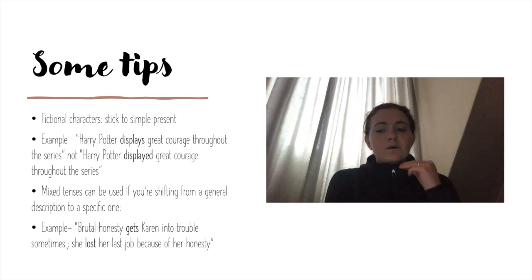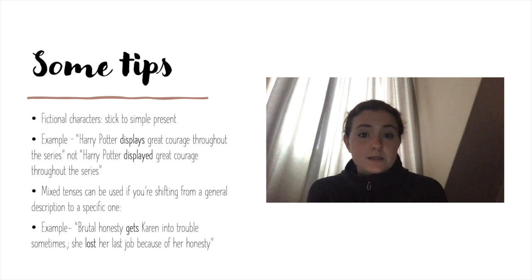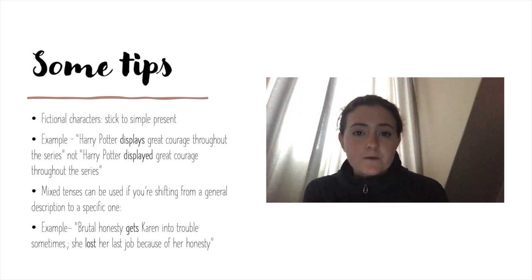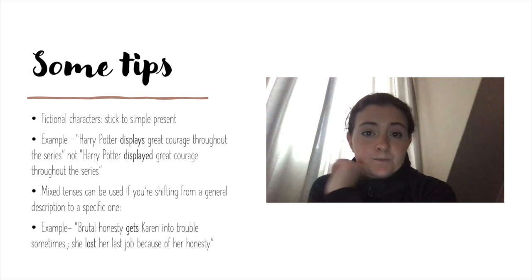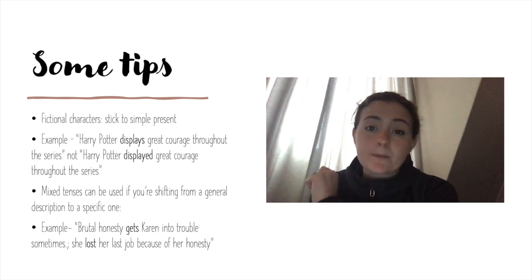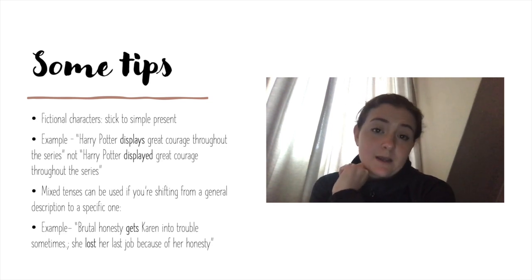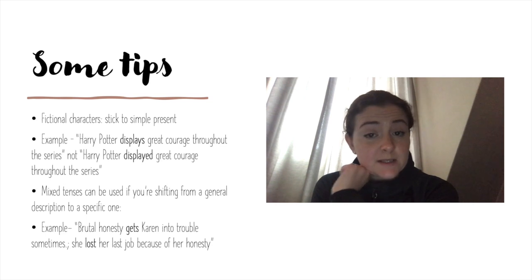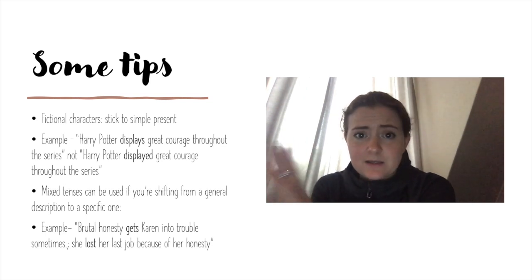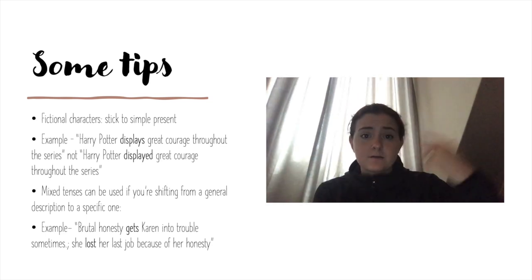So even though we're sticking to the simple present in the first part of this sentence, saying that she gets into trouble often, we want to use a specific example to show how it's gotten her into trouble in the past. That's why we would say she lost her job because of her honesty, because it's something that did happen in the past. It's not something that is happening now.